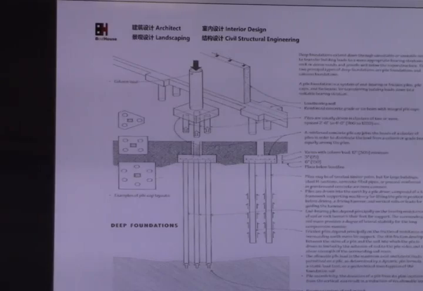So for the pile foundation, the design is to drill the pile. The pile can be of two kinds. One is a concrete pile. Another one, commonly used, is the steel pile. The steel pile is a steel tube.